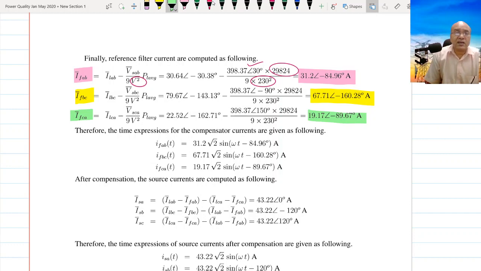And from this we can construct back into the time domain. So this becomes IFAB. This is IFBC. And this is IFCA.